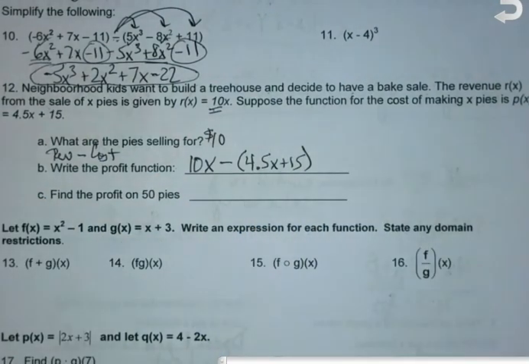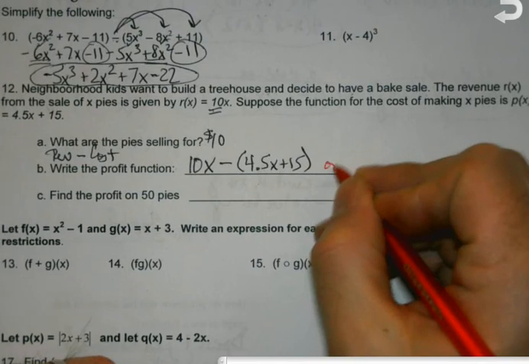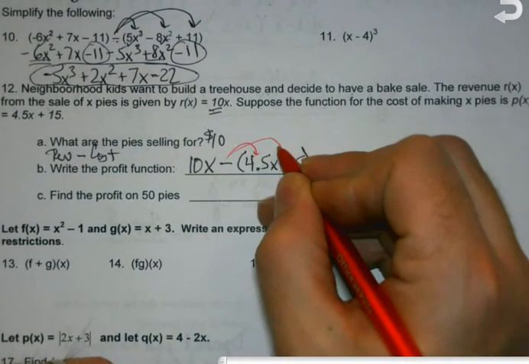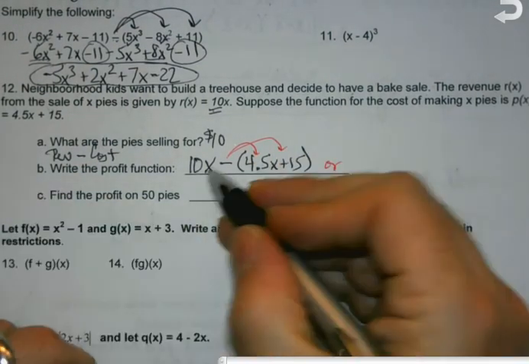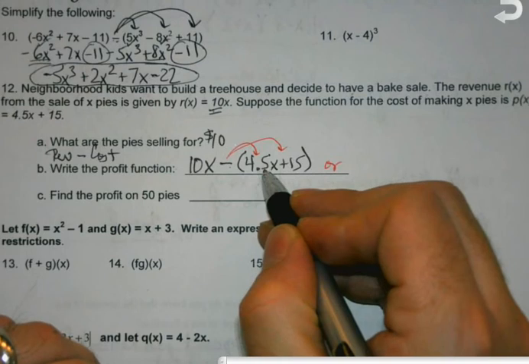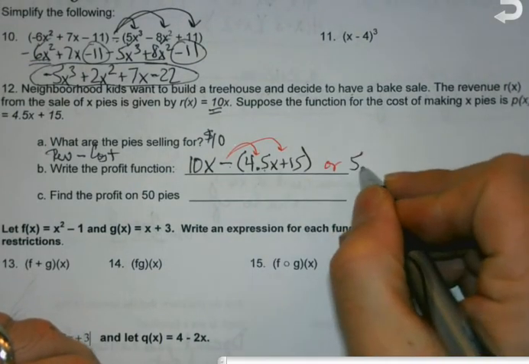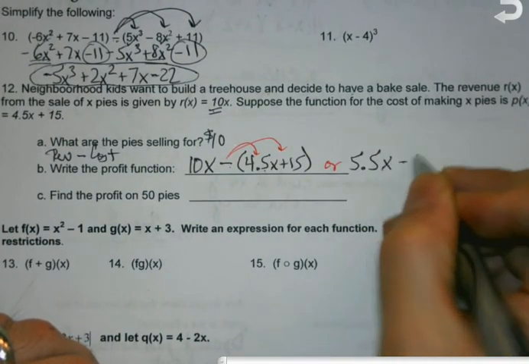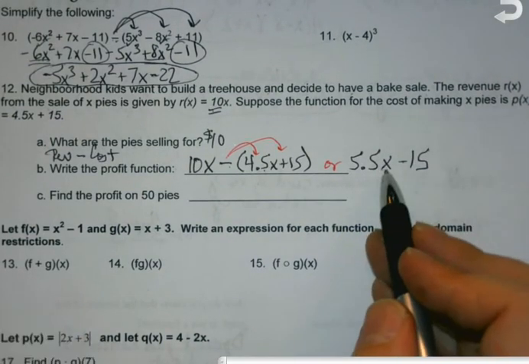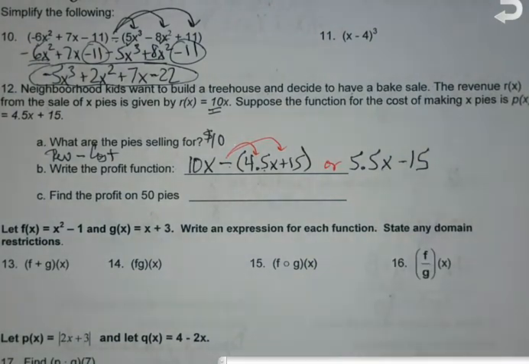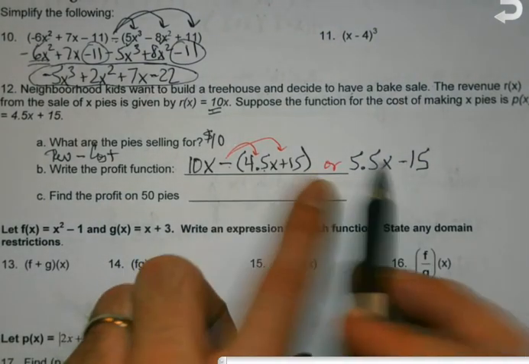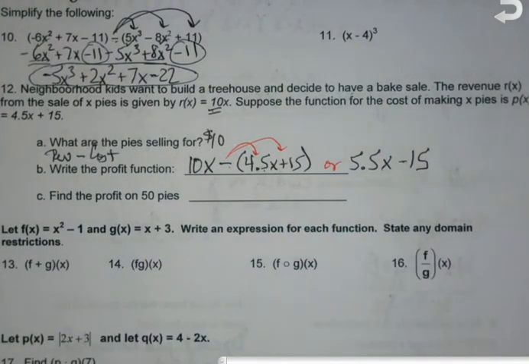Now you could leave your profit function that way, or if you simplified it by distributing, 10x minus 4.5x, 5.5x minus 15. This may be easier when it comes to step C, but either of those are perfectly acceptable for your profit function. Find the profit on 50 pies.